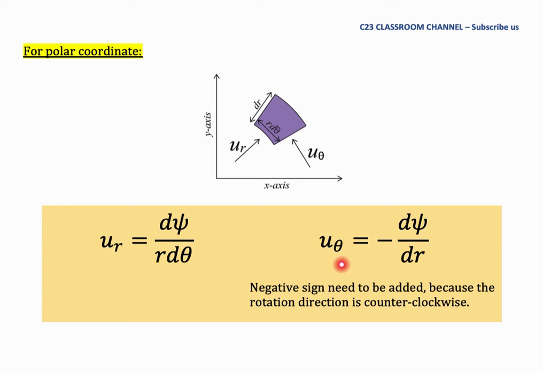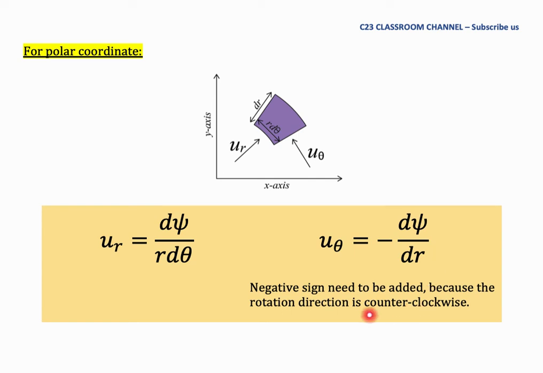And for u theta here, we could write as negative d psi over dr. So again, dr here is the length of this area times 1, its thickness. And again, to differentiate between the counterclockwise and clockwise, if we compare with a polar coordinate, later on we will discuss that.